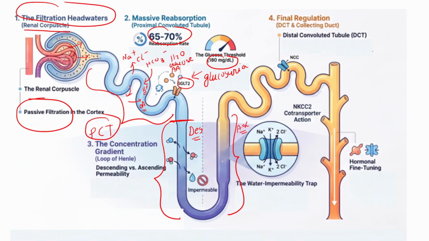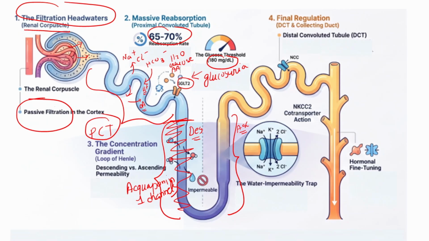We first track the descending loop moving downward into the hyperosmotic medullary interstitium. When we say hyperosmotic, that means the osmolarity or the concentration of solute are higher over here. You don't need to be afraid of that word. And we map this specific segment, the descending part, with higher water permeability driven by aquaporin 1 channels, but it remains completely impermeable to solute, which allows water to exit via osmosis.